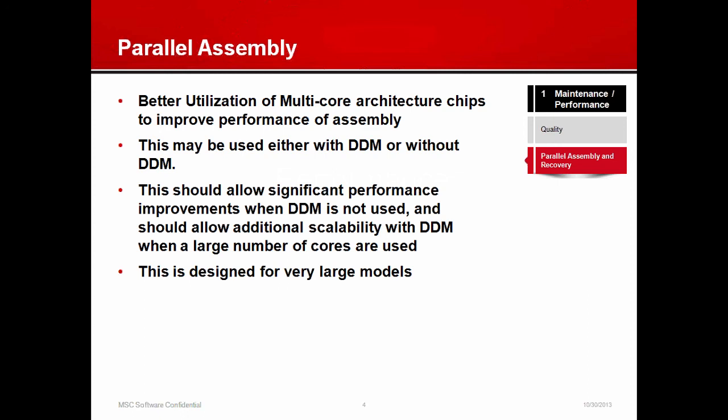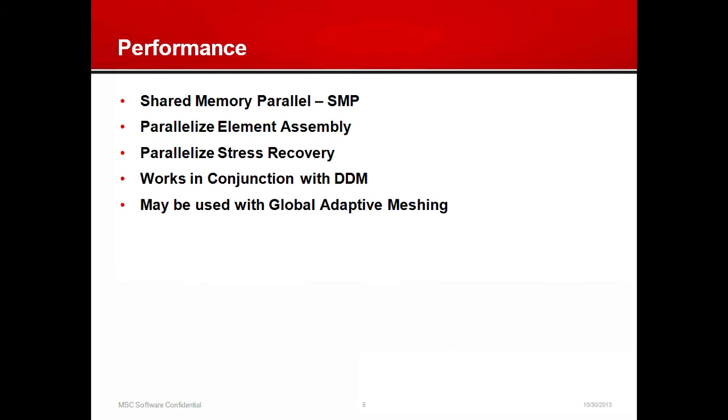So it's designed for large models, but it can be effective also in moderate-sized models, which are assembly dependent. So a couple of facts: it's only really designed for shared memory parallel type architectures.